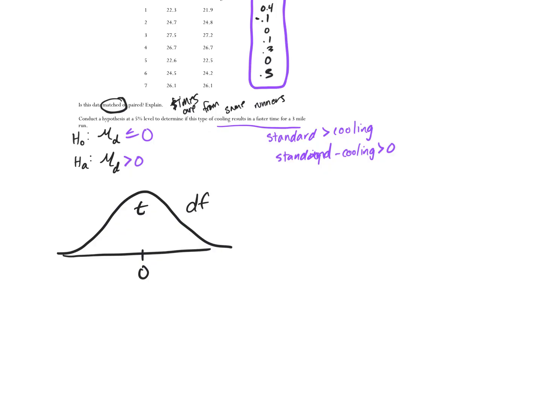And to find your degrees of freedom, you're going to think through how many values do I have that I'm working from? And that answer is how many values are in this list, which is 7. So what does that make my degrees of freedom? 6. And where am I going to shade?